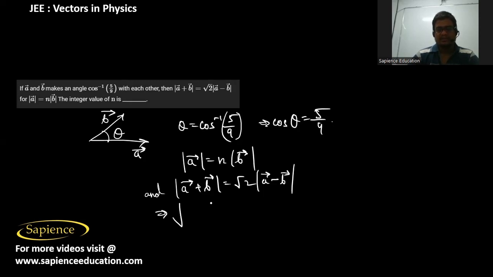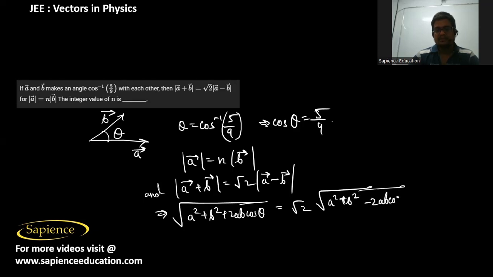So the magnitude of A plus B is the square root of A square plus B square plus 2AB cos theta. That will be equal to root 2 times the magnitude of A minus B, which is root over A square plus B square minus 2AB cos theta. Then if we square both sides, we will get A square plus B square plus 2AB cos theta.